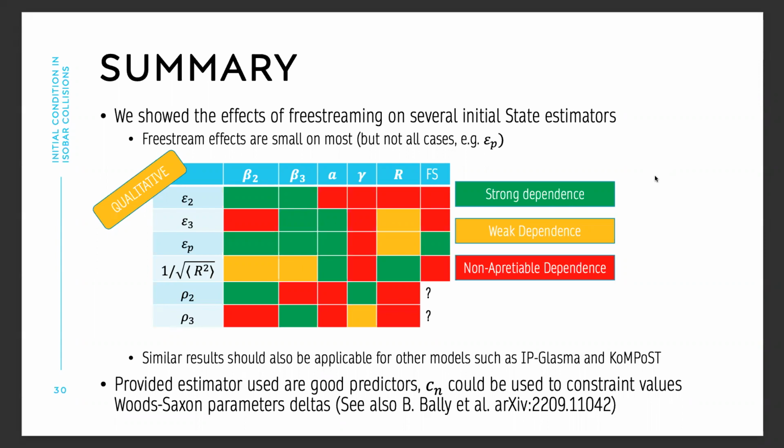The thing that I would say is that this should also be applicable to other models, because the free streaming is like a worst case scenario, because it assumes that the particles will not interact. So other models such as Glasma or KoMPoST, they have some sort of interaction, some kind of dynamics behind that should preserve the results better. So I would say that this sensitiveness in the ratios after the pre-equilibrium phase should also not change.